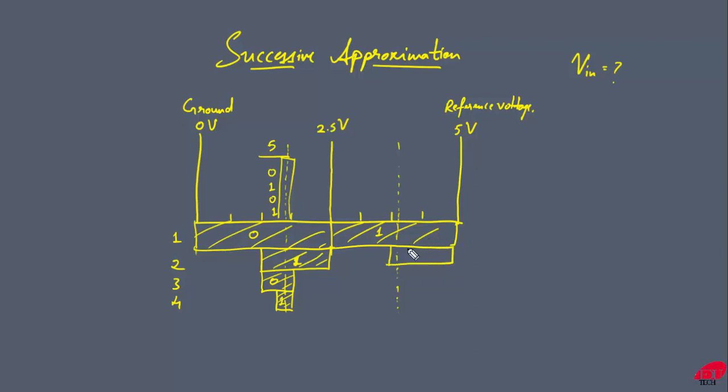It is greater, so we again give it a value 1. Similarly here it is lower, so 0, and here also 0. So the value that we get here is 1100, that is 12.